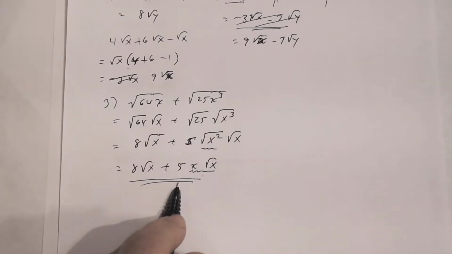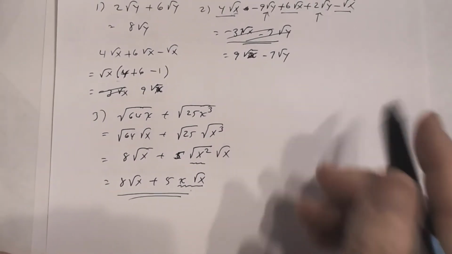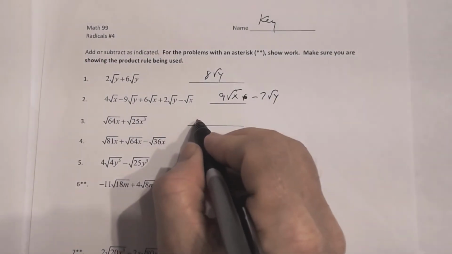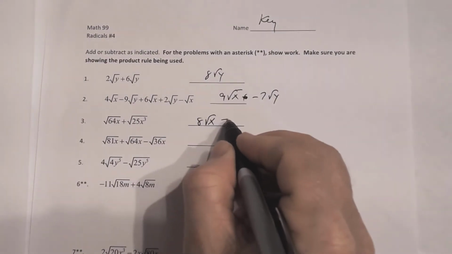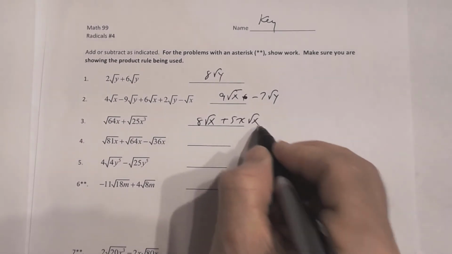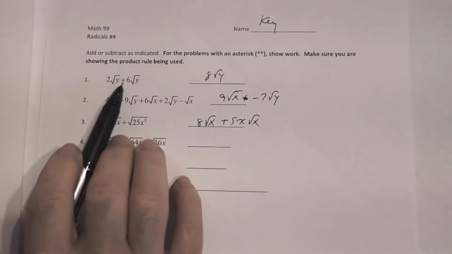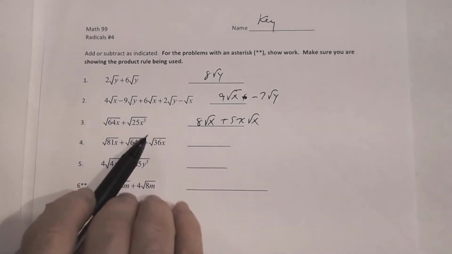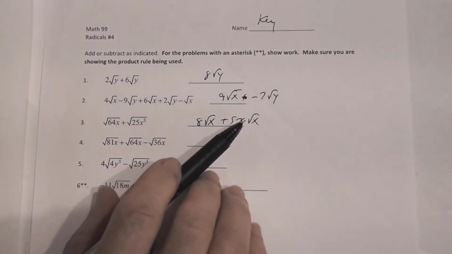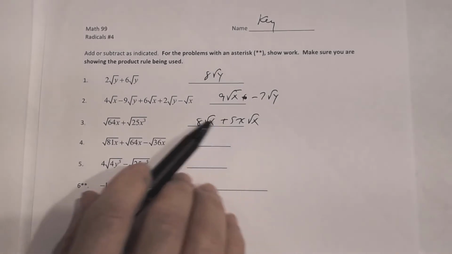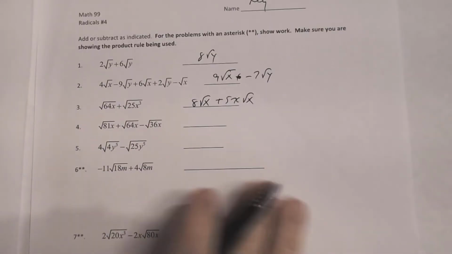There's your answer. The answer to number 3 is 8 square root of x plus 5x square root of x. That's different than this one, where I can combine, because here there's an extra factor of x, and there's not one here.